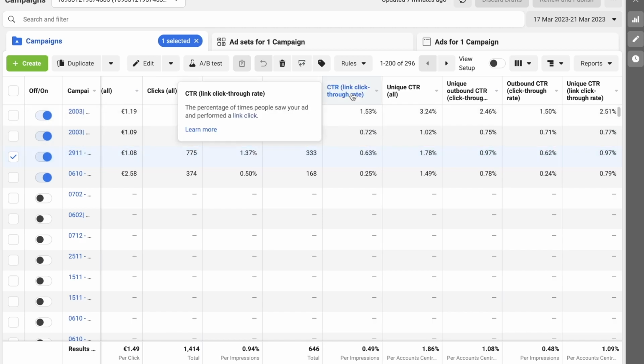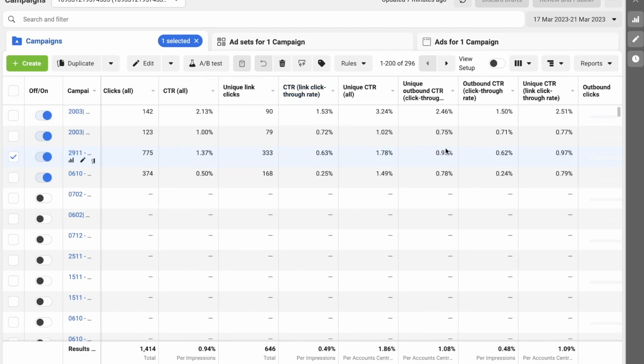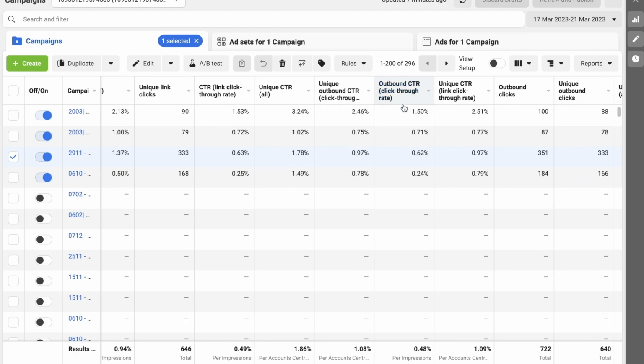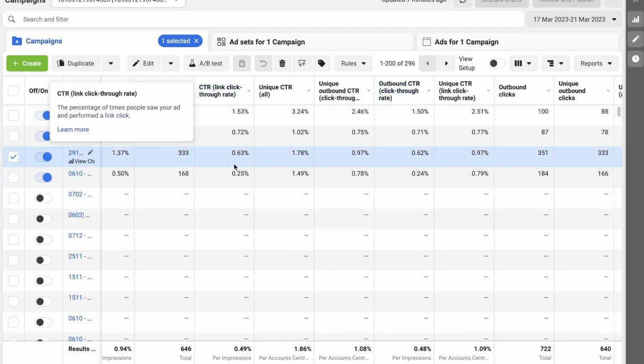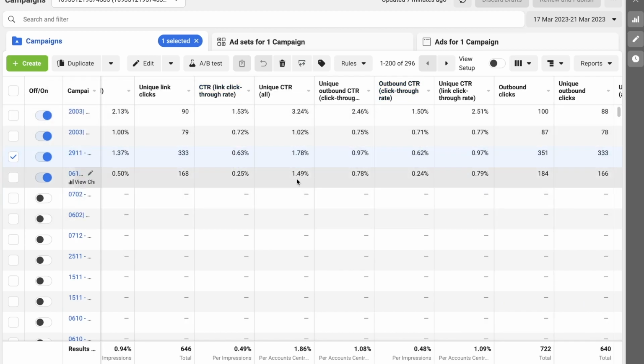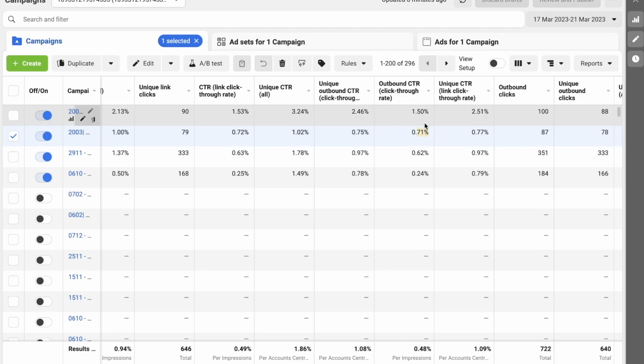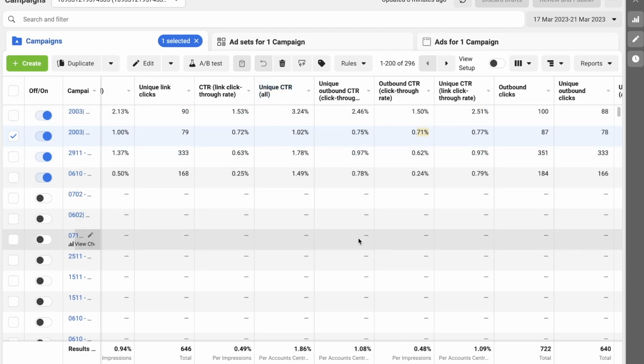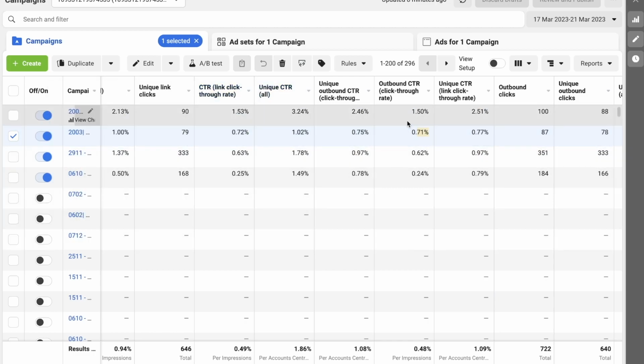And by having a bad click rate, a bad outbound CTR here, this is the same metric basically. You see that these metrics are super similar, 0.72%, 0.71%, like almost the identical metric here, because it's the same metric usually.